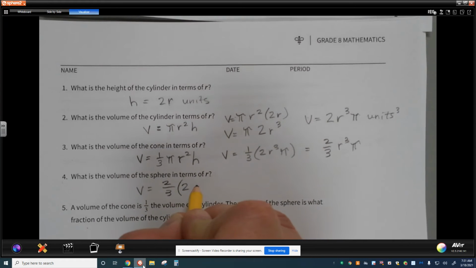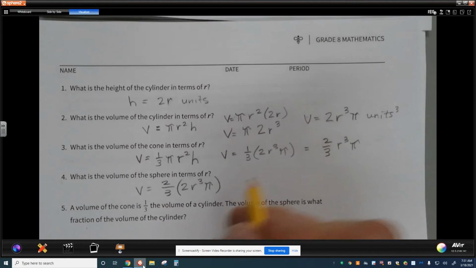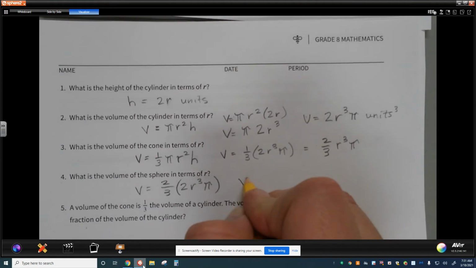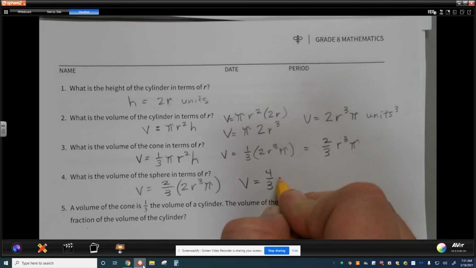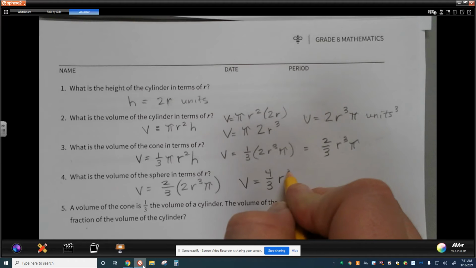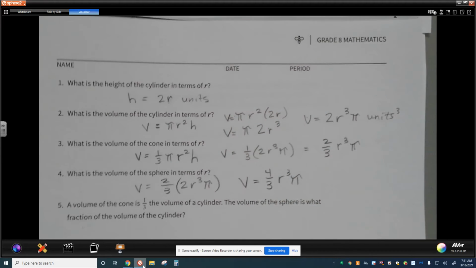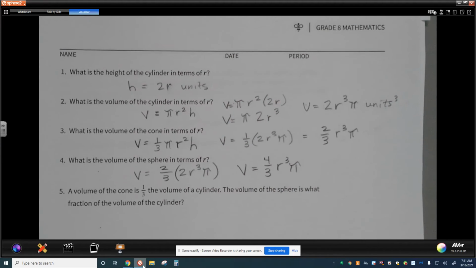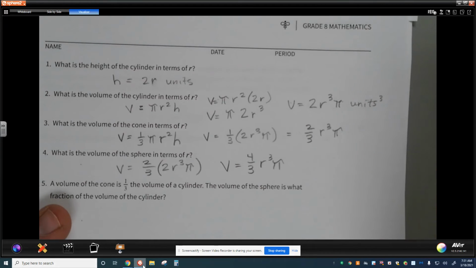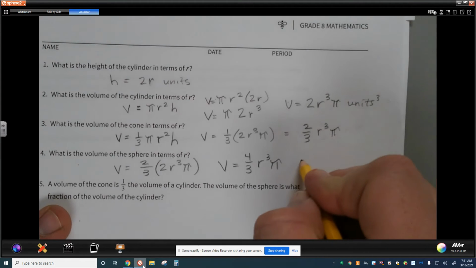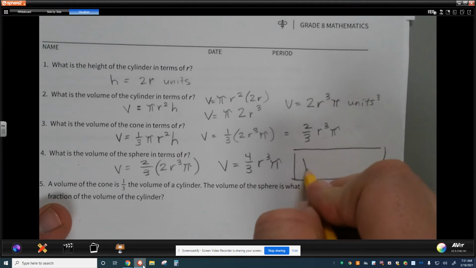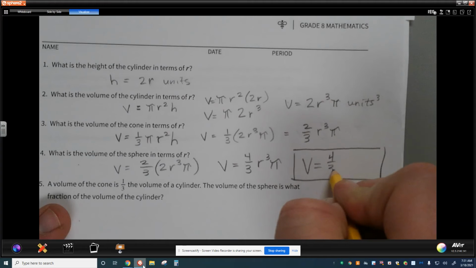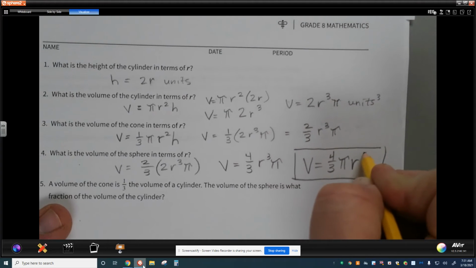That would be multiplied by 2 times the radius to the third power times pi, which makes it in effect 4/3 the radius to the third power times pi. The way that we read this, when we talk about the volume of a sphere, and this is the major takeaway from this, is that the formula for the volume of a sphere is equal to 4/3 times pi times the radius cubed.